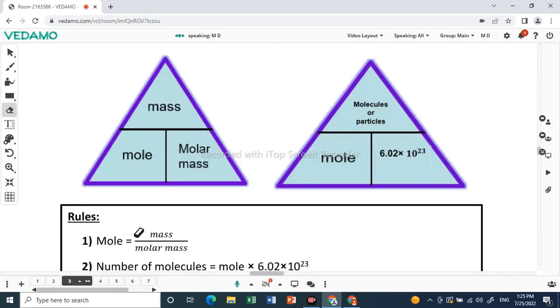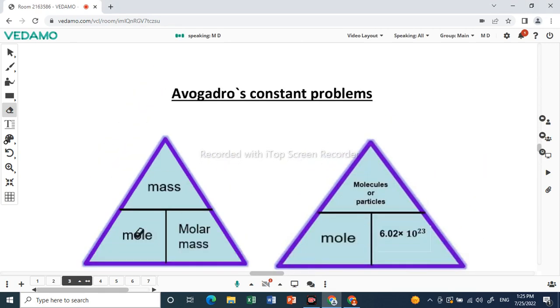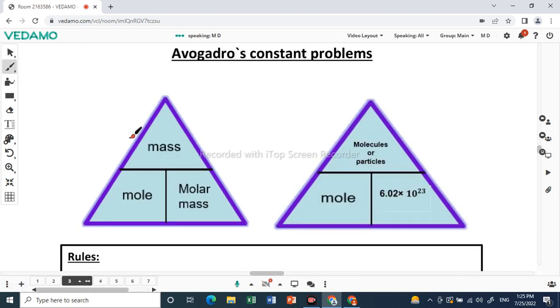In order to start with Avogadro's constant and to apply on Avogadro's constant problem, the first thing we need to remember is two essential triangle rules we will be using while applying on our calculations.